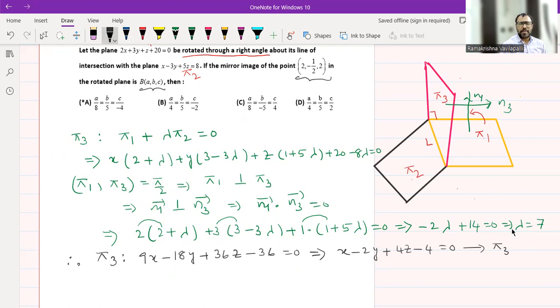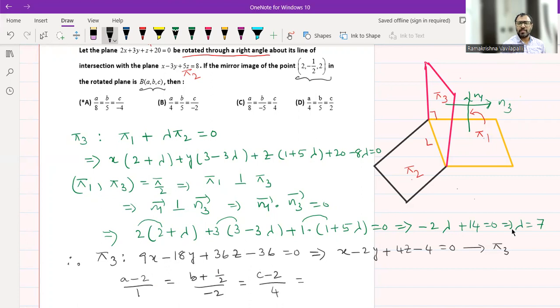You will have A minus 2 by the x coefficient in the plane pi 3, which is 1, equals B plus 1 by minus 2, equals C minus 2 by the z coefficient, which is 4.